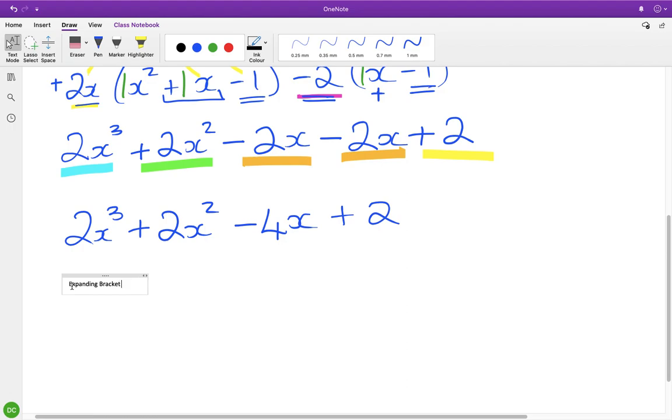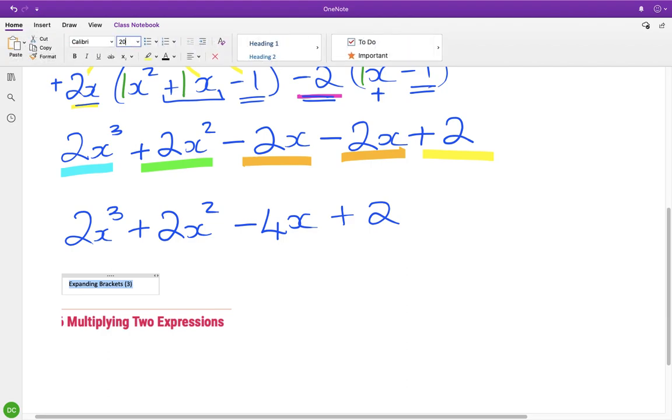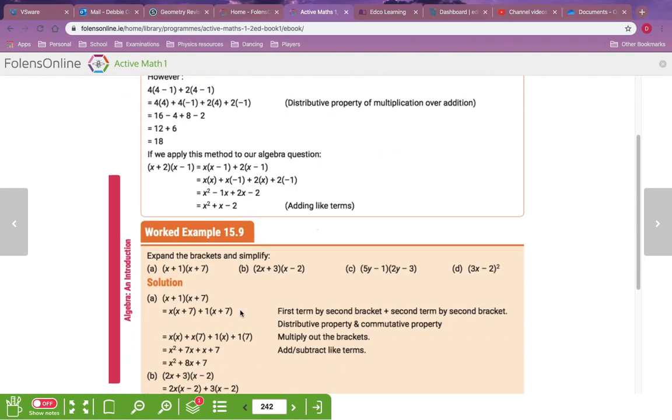I'm not going to finish this today because there's kind of a bit to it, but I'm going to get you just to do kind of the main idea of it, I suppose. Let's try and make that bigger. Okay, so I'm calling this part expanding brackets 3, just trying to keep you in line with the book.